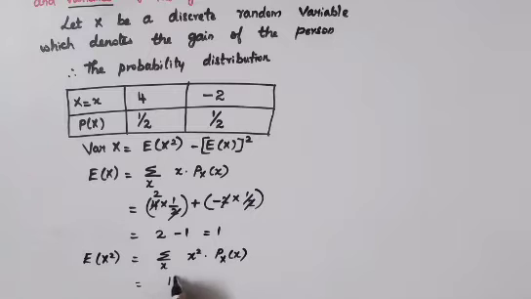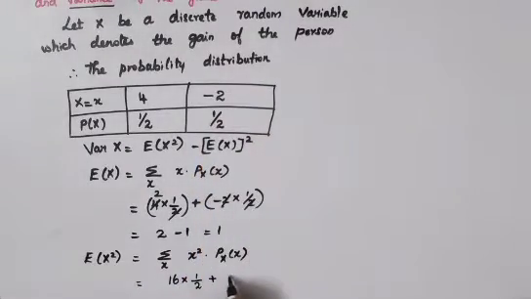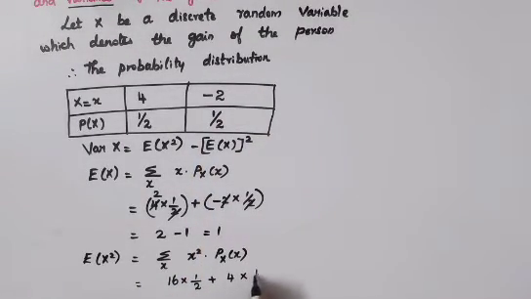So 4 square will get 16 into 1 by 2 plus again minus 2 square, it will become 4 into 1 by 2. 16 and 2 can cancel, you will get 8 times. 2 and 4 can cancel, you will get twice. So that is equal to 8 ones are 8 plus 2 ones are 2, which is equal to 10.